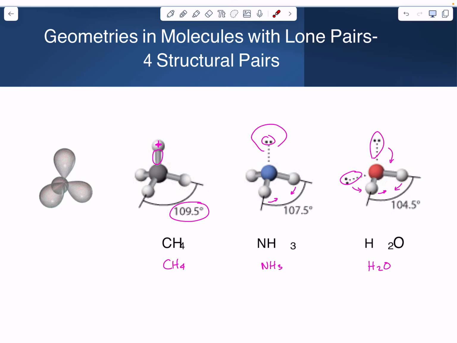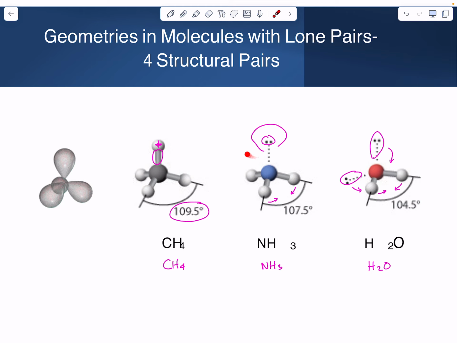If we look at examples where we still have 4 things attached to our central atom, but some of those things now become lone pairs, we start with the tetrahedral geometry.